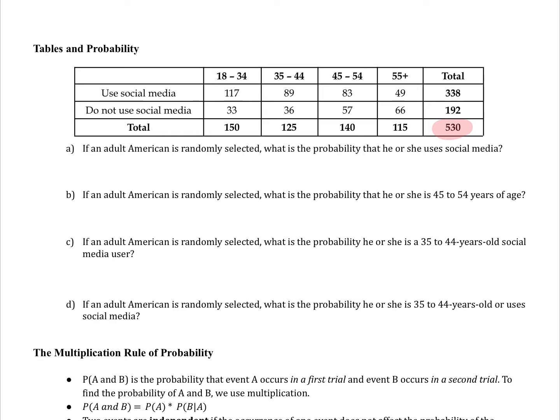First thing we'll do is look through this and see what exactly it is we're looking for. It says, if an American adult is randomly selected. That first line is going to tell us where we are drawing from. Since it doesn't pick one of the subgroups, the number that we're drawing from is 530.